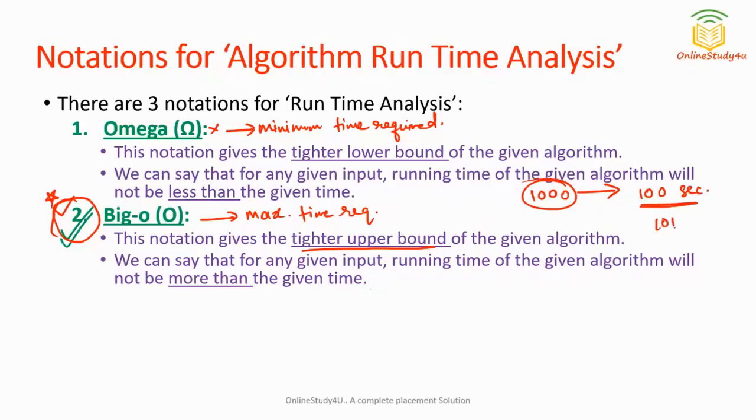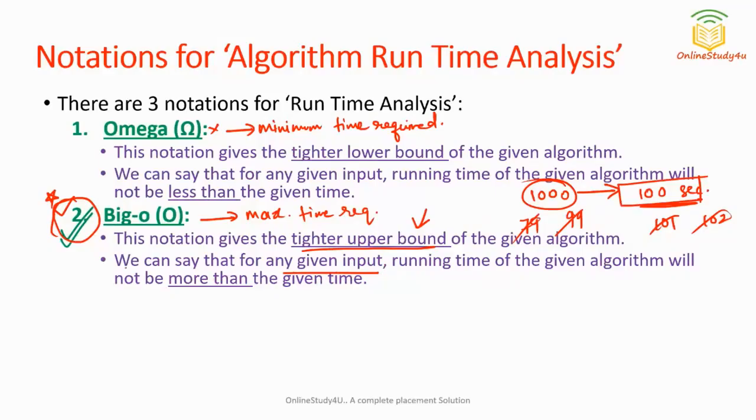It cannot go to 101, it cannot go to 102, but yes, according to the input, it can go to 99, it can go to 79. So even in the worst case, means if the input is very large, it still won't exceed this 100 seconds. So that is big O notation. That's why it is the tighter upper bound of the given algorithm. Now we can see that for any given input, the running time of the given algorithm will not be more than the given time.